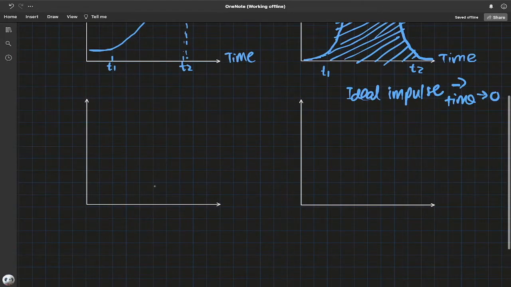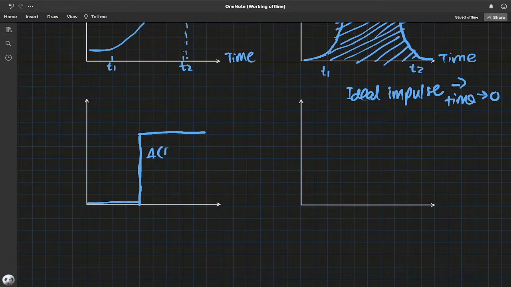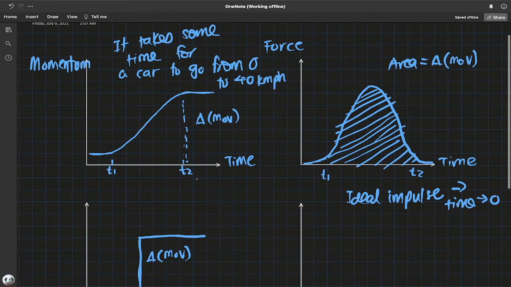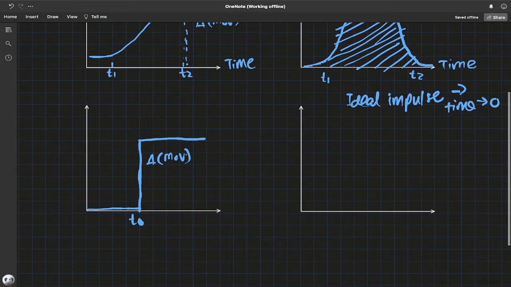So for an ideal impulse, and this is again hypothetical, we're going to have something like this, an extremely steep change, and again this perpendicular value is delta m naught v. At just one point, because this interval basically just squeezed together to get one point. This is momentum versus time.